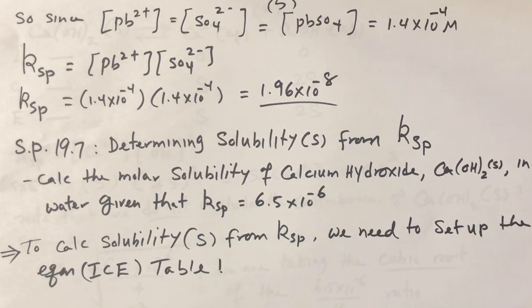Remember, we still have solubility as an equilibrium process that exists between the solid component and the aqueous component. Okay, so there is equilibrium that is taking place between those. And we need to set up the ICE table to find the solubility. How do we do that? The next slide is going to walk us through it.